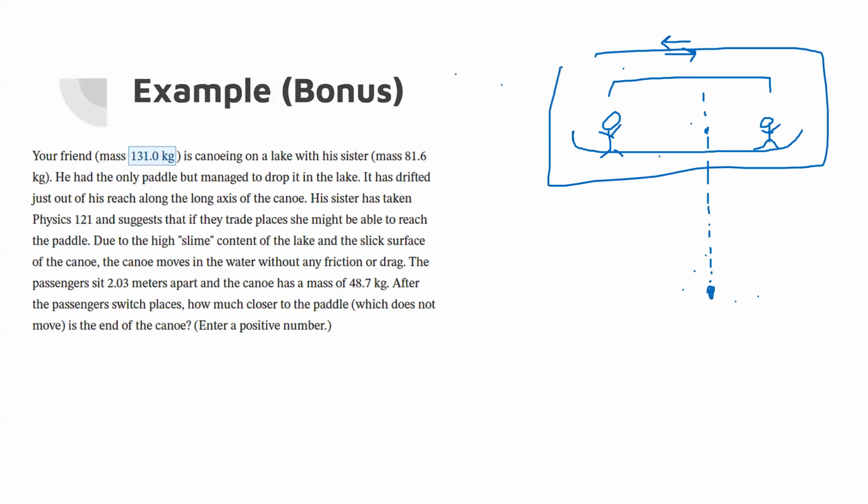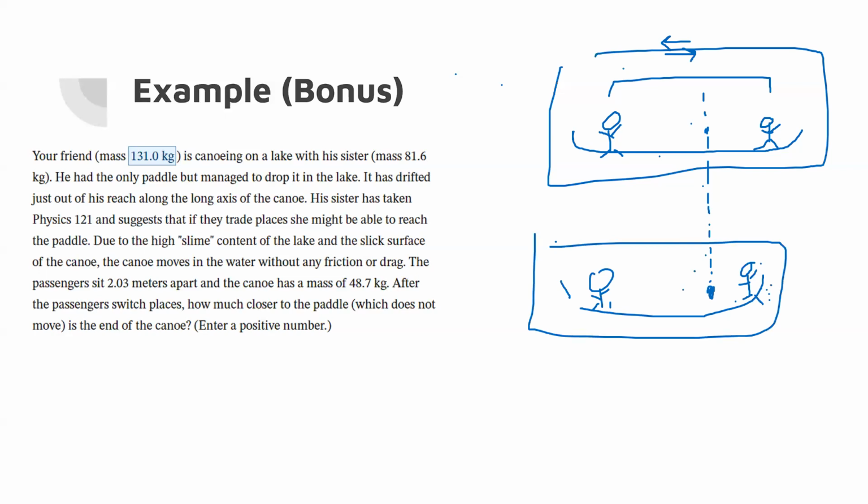And to compensate for that, the canoe is going to have to move a little bit, and the people, since they shifted around, are going to have moved as well. So the idea behind this problem is that because there's no external forces acting, this center of mass should be equal to this center of mass if we have the same reference point.